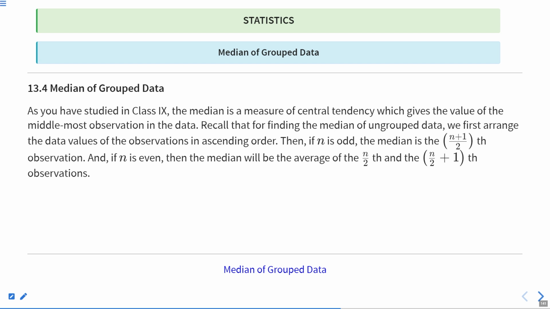Then if n is odd, the median is the (n plus 1) by 2th observation, and if n is even, then the median will be the average of the n by 2th and the (n by 2 plus 1)th observations.